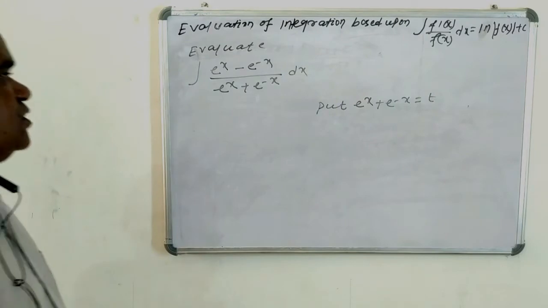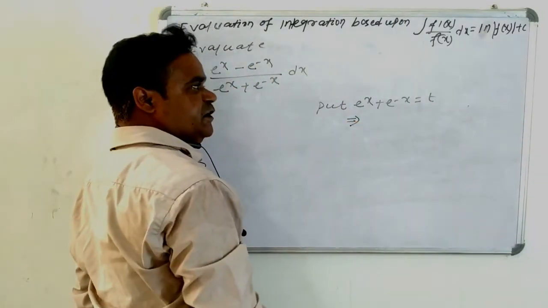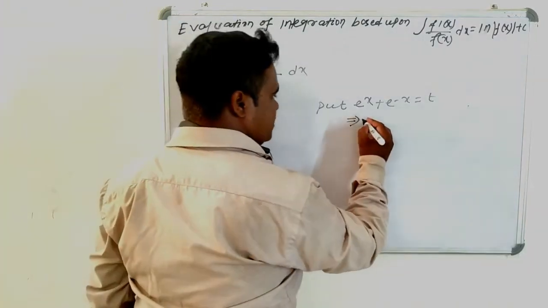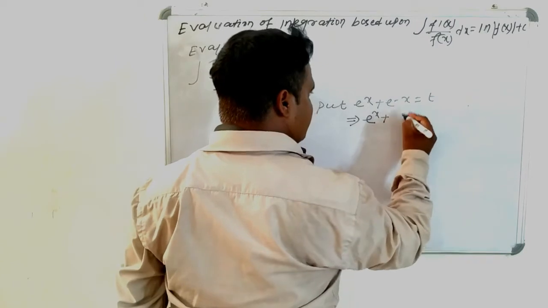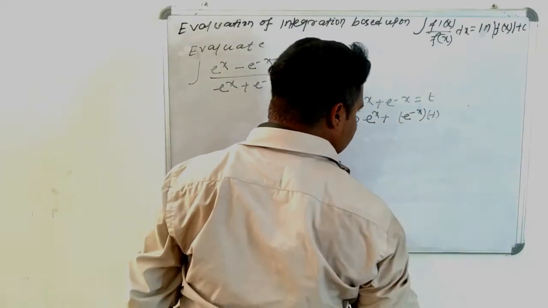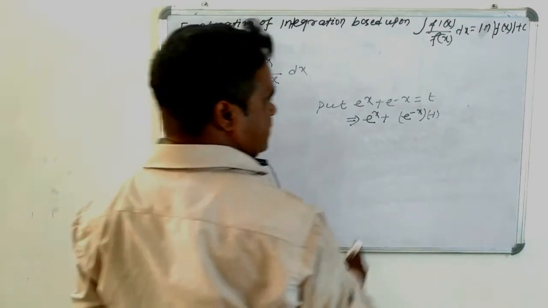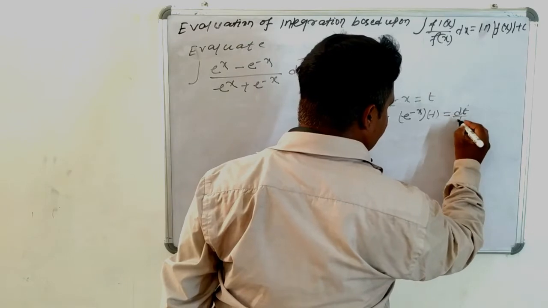So t is a function of x. Taking the derivative d by dx of both sides: the derivative of eˣ is eˣ, and the derivative of e⁻ˣ is e⁻ˣ times minus 1, because the derivative of −x is −1. This equals dt by dx.